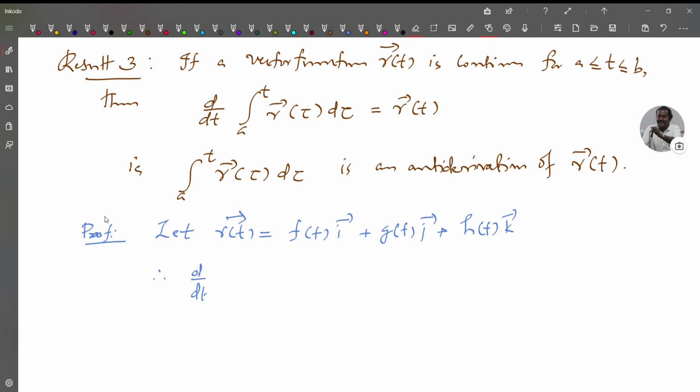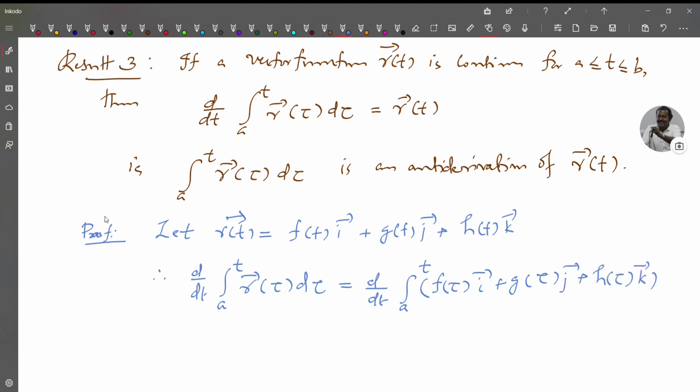Therefore, d by dt of the integral from a to t of r of tau d tau equals d by dt of the integral from a to t of f of tau i plus g of tau j plus h of tau k d tau.